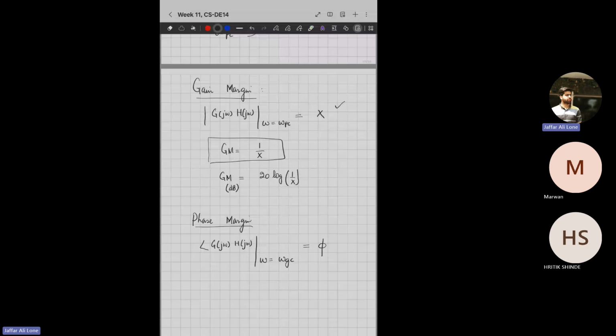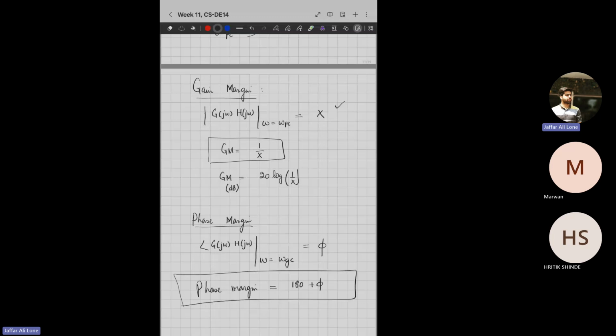So if my phase at gain crossover frequency is phi, then my phase margin is 180 plus phi. That's it. So no decibels, nothing here, right? So your phase margin is 180 plus phi, right?